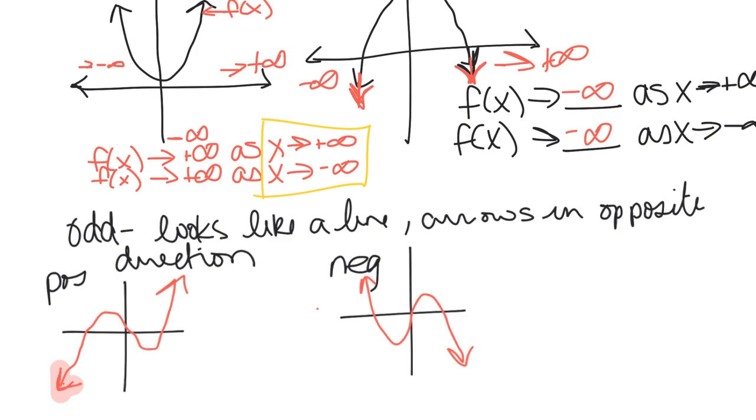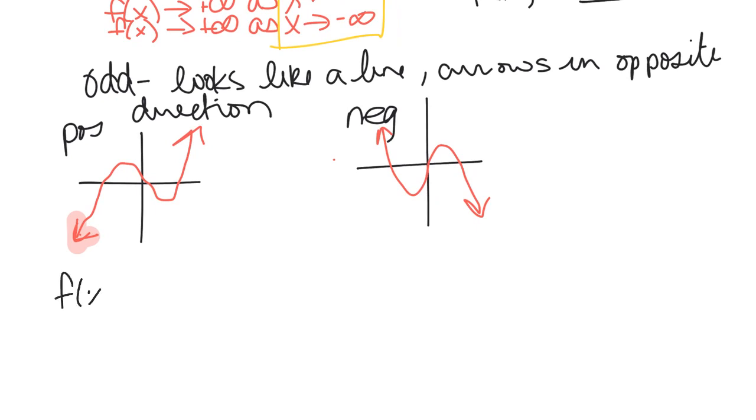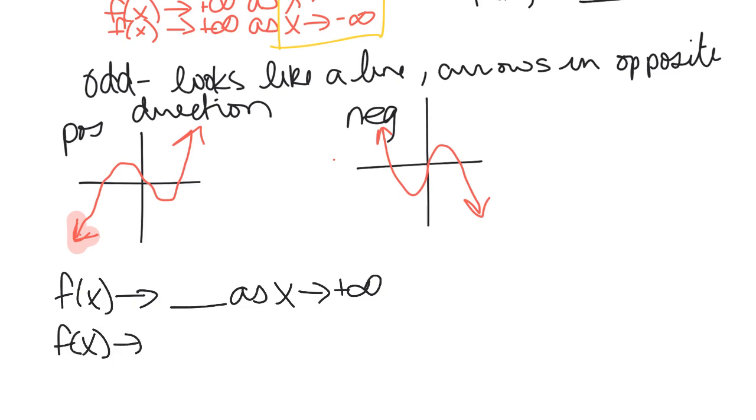So we can say for the odds, and we're going to set it up, f of x goes to what as x goes to positive infinity, and f of x goes to what as x goes to negative infinity.